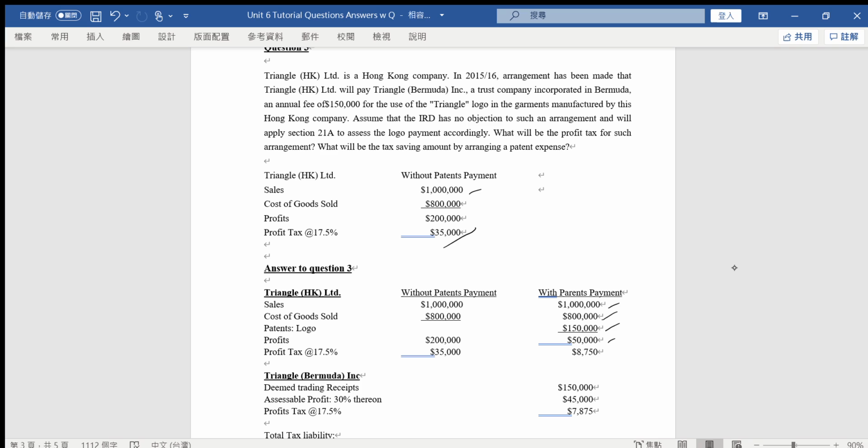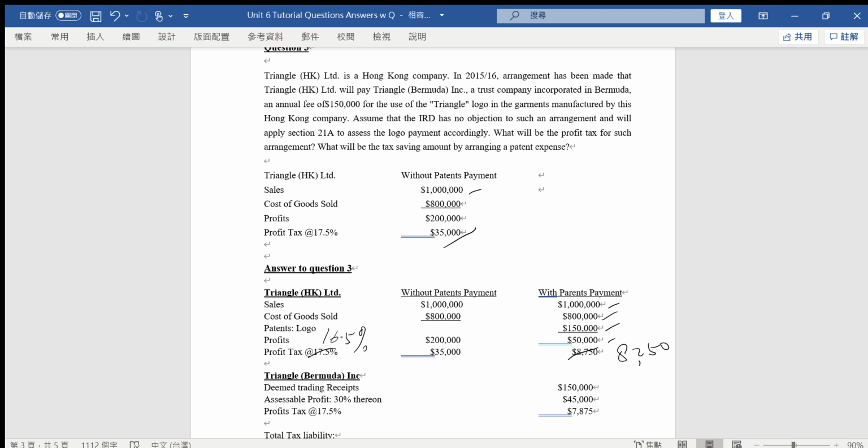Because of that, the tax payable, sorry about that, wrong figures, please amend it, 16.5%, that should be 8,250.